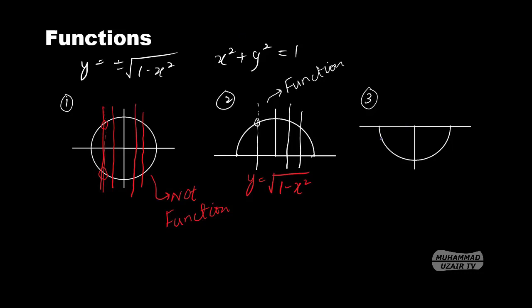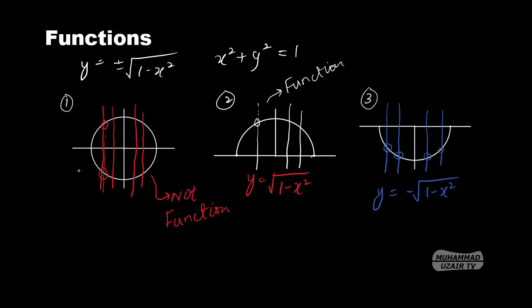In the third case, the expression will be y is equal to minus under root 1 minus x square. So let's draw vertical lines. As we can see, it touches at only 1 point, so this will also be a function.